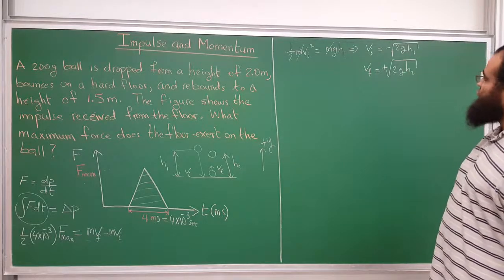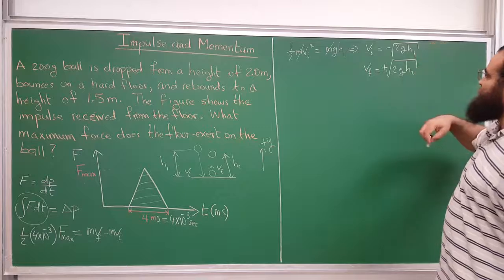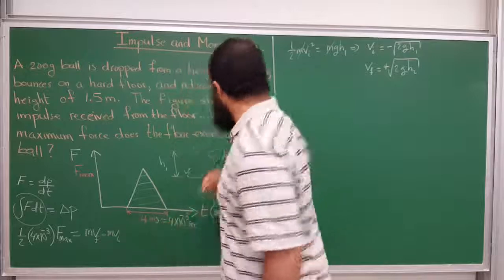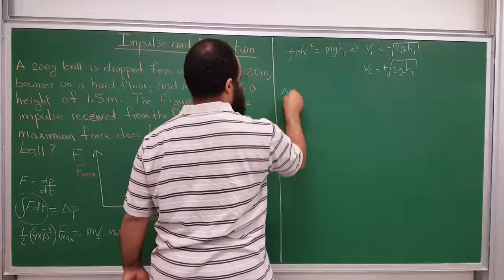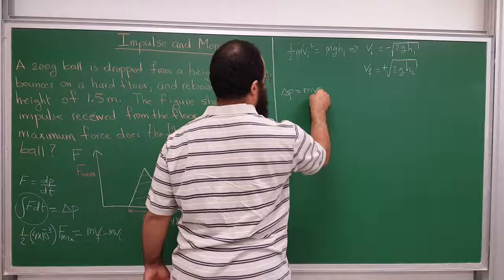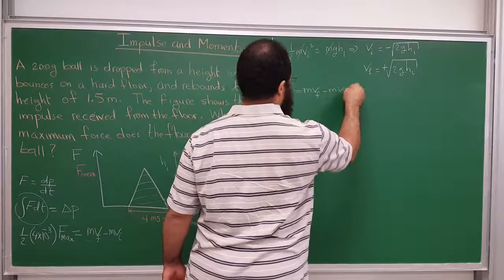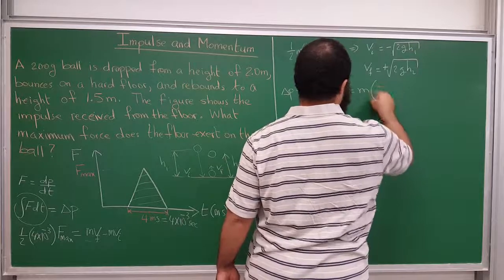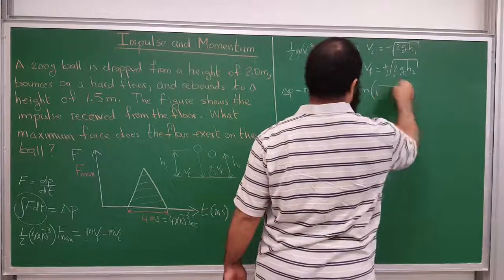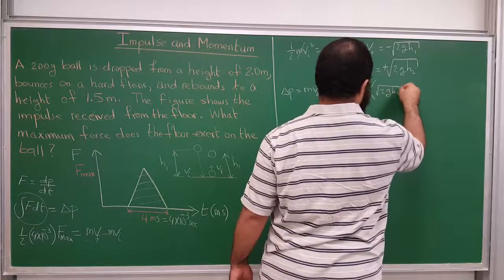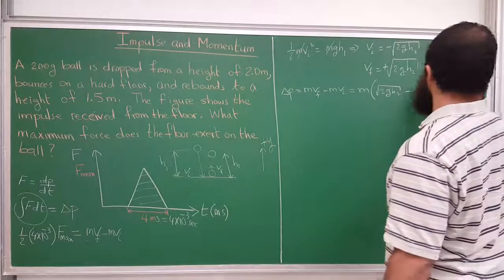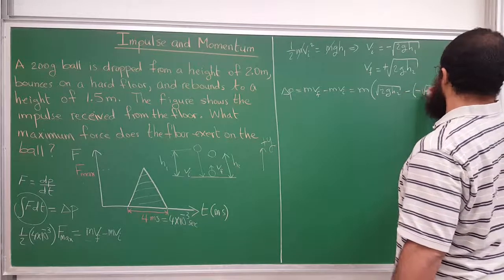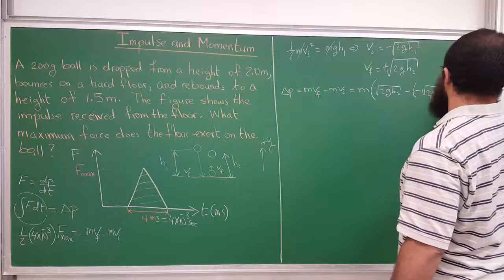Okay, so at this moment you could just substitute, but right now, m v final minus m v initial, so delta p will be m v final minus m v initial. I would factor the m out, so m times what? V final is the square root of 2g h2, and then minus V initial, which itself is negative the square root of 2g h1.